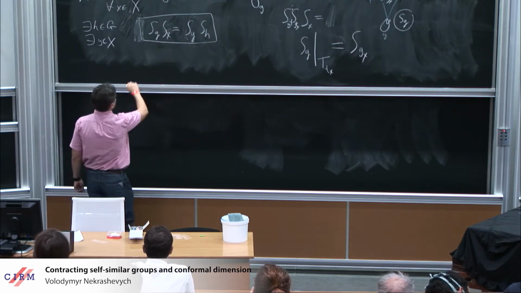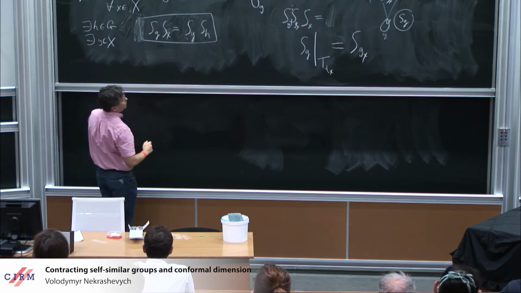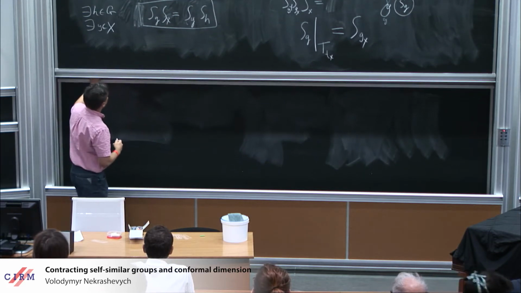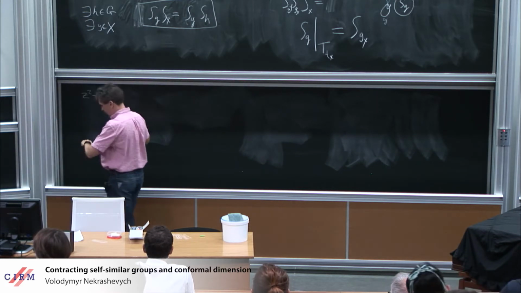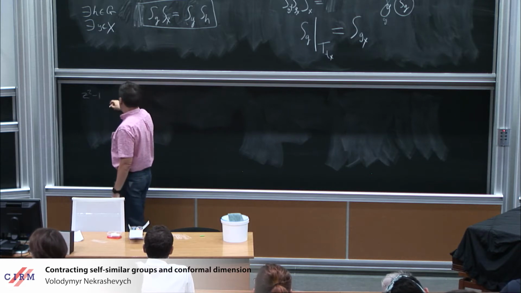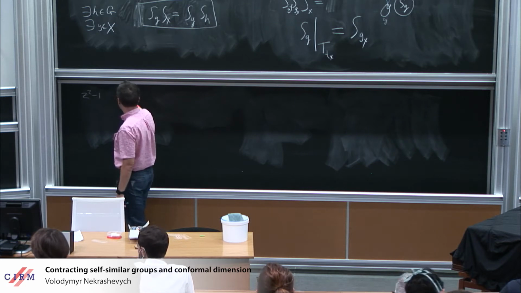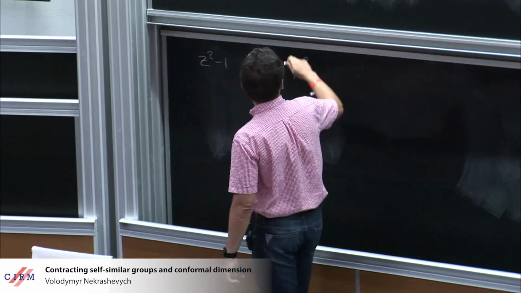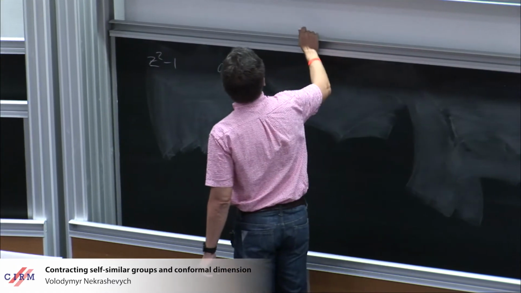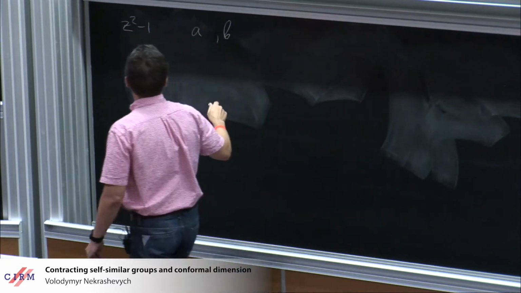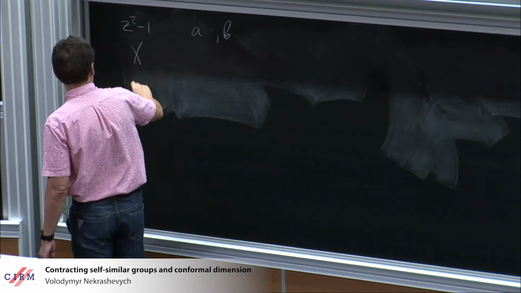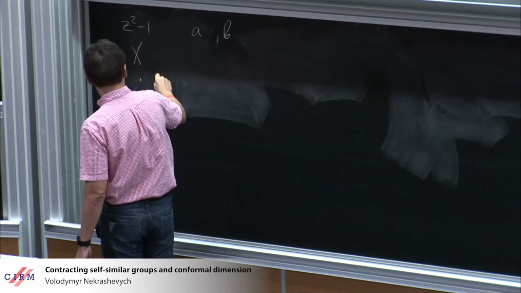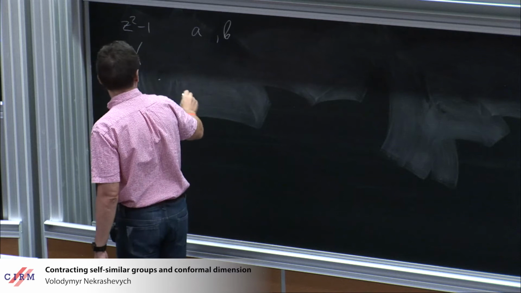So let me give you an example of such a computation. For example, if you take z square minus 1, the Basilica, you will have two generators of the iterated monodromy group, A and B. I just want to show you how these relations come out, and then there will be two elements of the set X. If you have a base point, it will have two preimages.